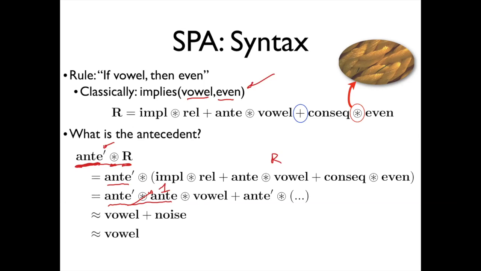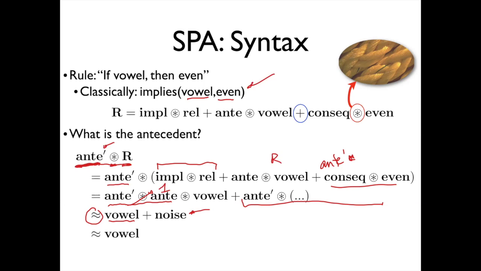And one is going to be convolved with a vowel, which means this is going to be equal to vowel, plus a term which is antecedent inverse times implication times relation, and antecedent inverse times consequent and even, right? So we're going to have all these other terms over here, which is approximately equal to vowel, right? So very close to vowel, plus a bunch of other terms, which we will think of as noise.